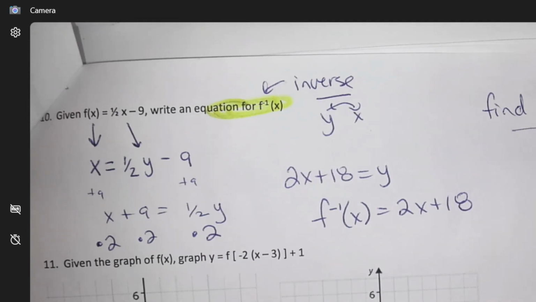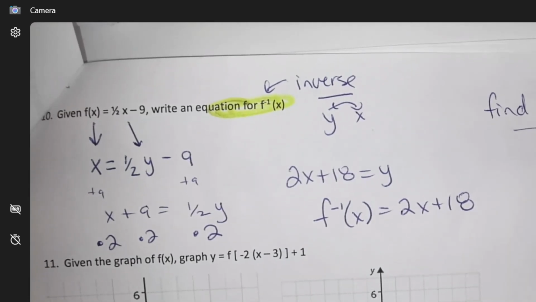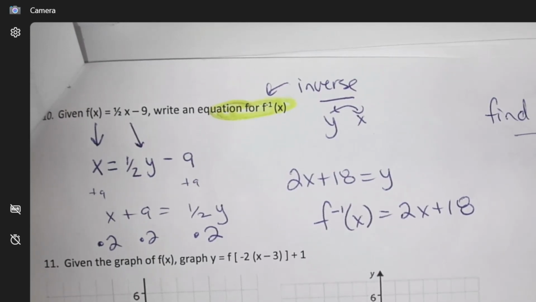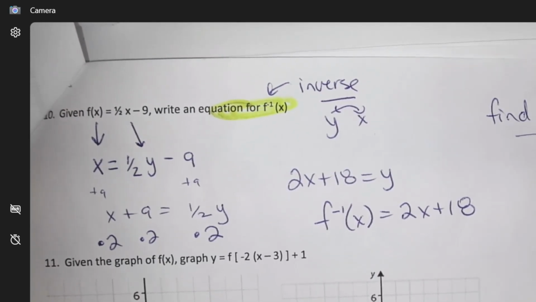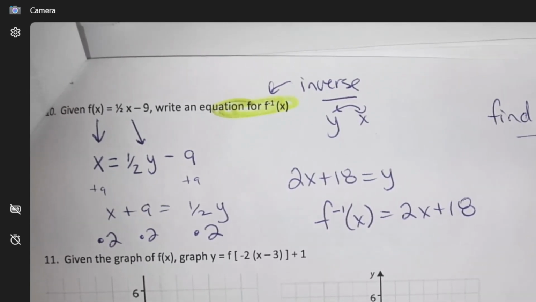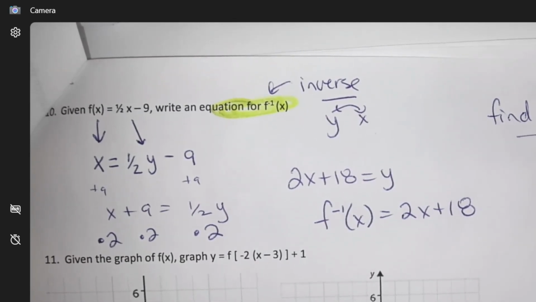I have to input this into that equation. So 2 times -1 plus 18. That's what it means. Just input it into the equation. Okay? So do all this. What does it mean? Switch, solve, but then add a step.